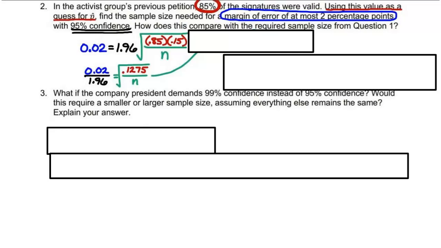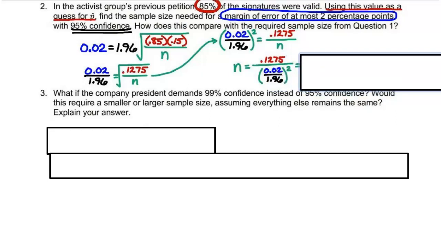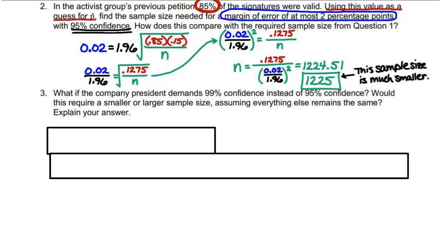I multiplied my decimals together up on top. We're going to square both sides. And then swap it around. So n equals 0.1275 over 0.02 divided by 1.96 squared. I got 1224.51, round up.